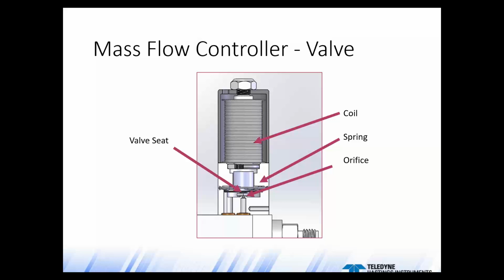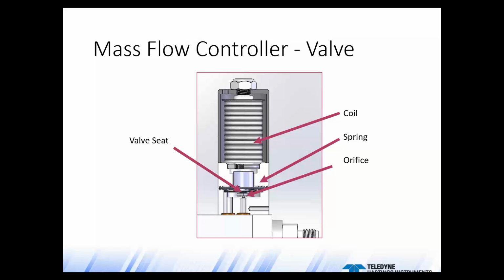A Cal-Res elastomeric valve seat is used to seal off the orifice when the valve is to be closed. So the valve seat is attached to a spring, and that spring is preloaded to ensure the valve is closed when no current is passing through the solenoid. In other words, we say the valve is normally closed. That is, if power to the MFC is lost, the flow is stopped.